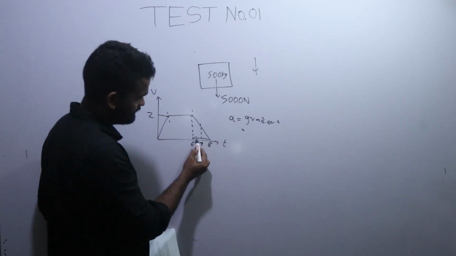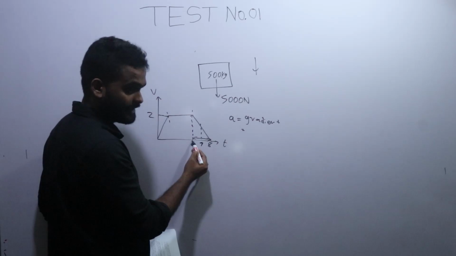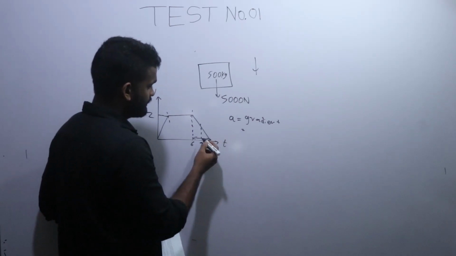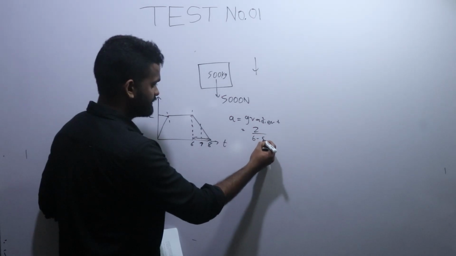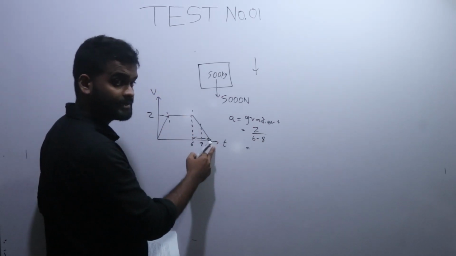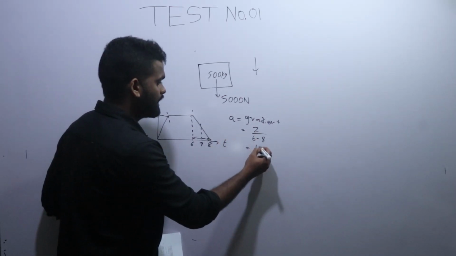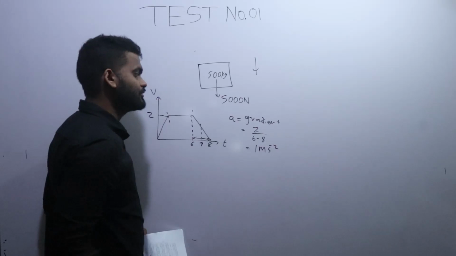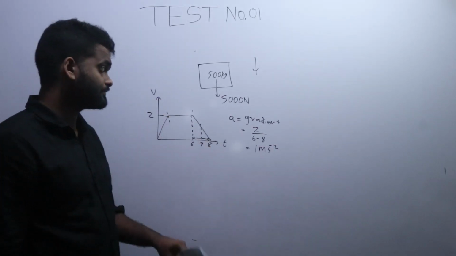Then this length along the time axis is 8 minus 6, that also is 2. Then the gradient is equal to 2 divided by 6 minus 8, the differences of y coordinates divided by x coordinates. So the answer should be 1 m/s² with a minus sign, that's the gradient of this graph.